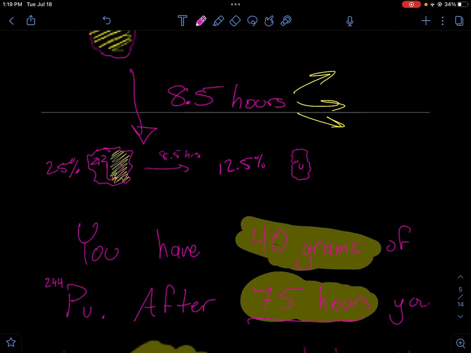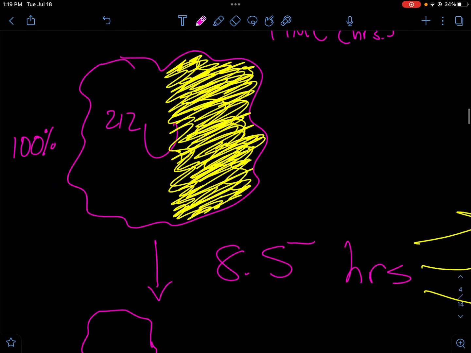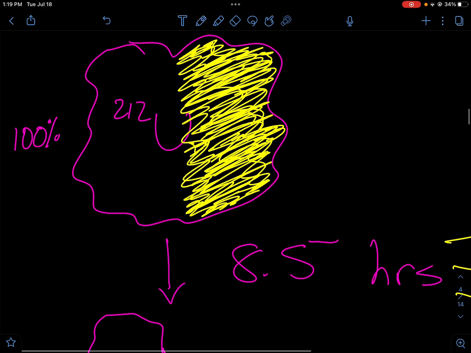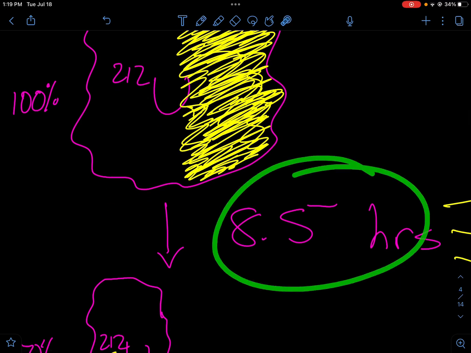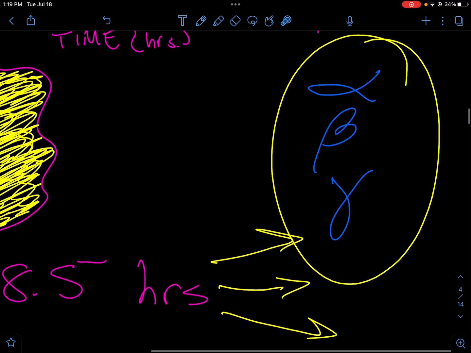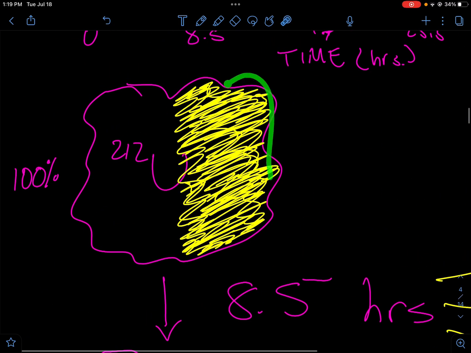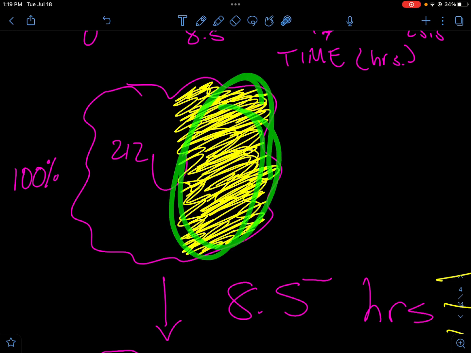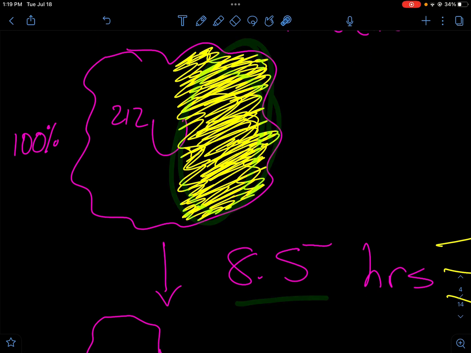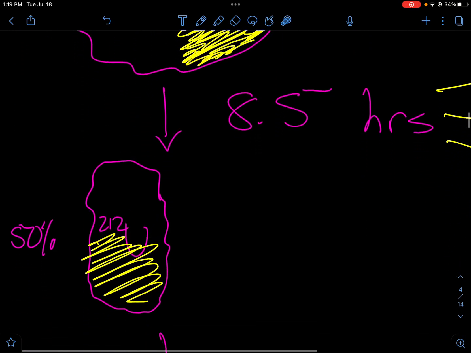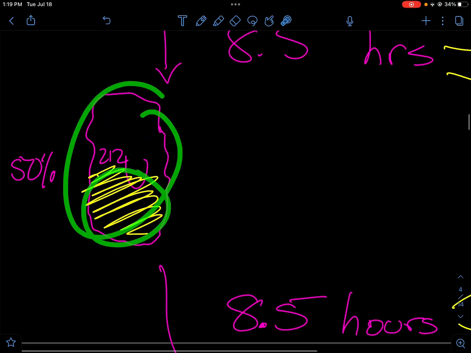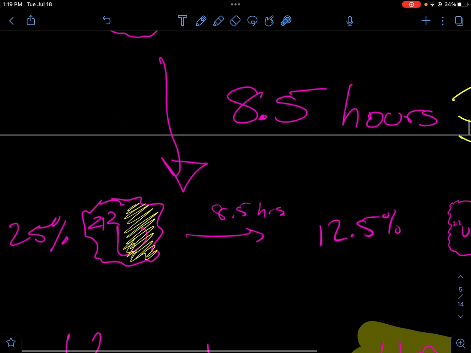Okay? So after the same amount of time, 8.5 hours, it could undergo alpha decay, beta decay, gamma decay. Regardless of the decay, half of it will be gone after 8.5 hours. Then half of the 50% will be gone, then half of the 25% after another 8.5 hours.